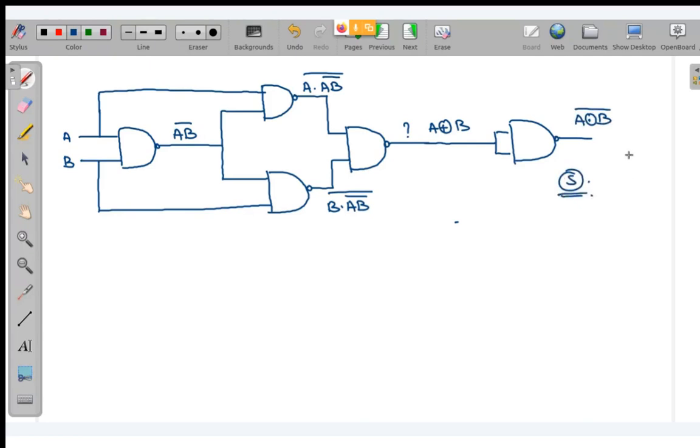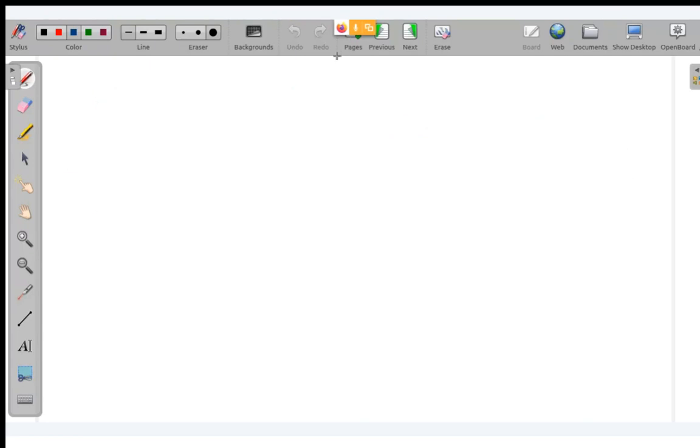Similarly, if you want to construct XNOR using NOR, you are going to require 4 gates.